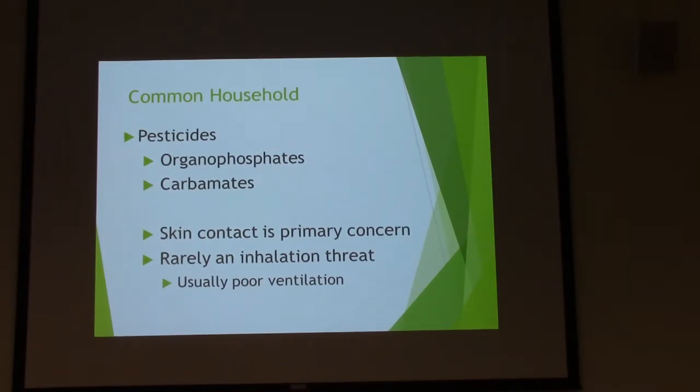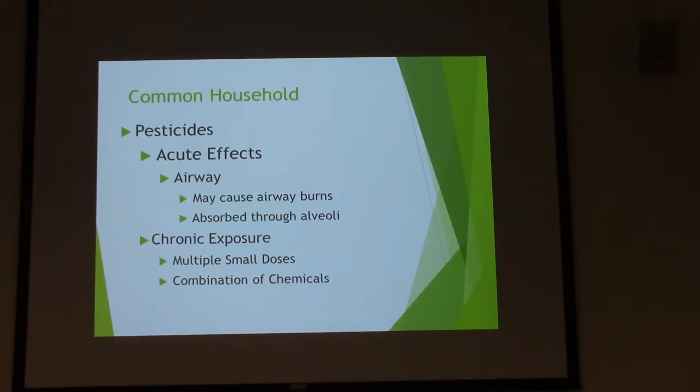Now this is going to cause airway problems, but it's also going to cause that sludge, salivation, lacrimation, urination, defecation, GI issues, emesis, that are going to cause these patients to be a big problem for you. Now, it may cause burns to the airway itself, and it does get absorbed down into the alveoli, so gas exchange is very difficult.